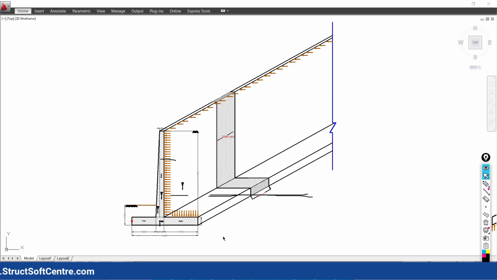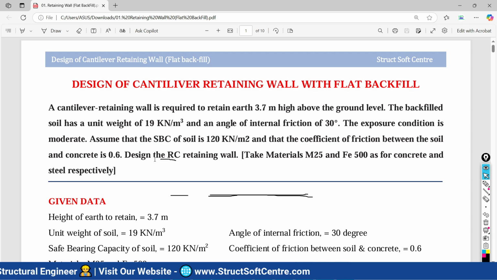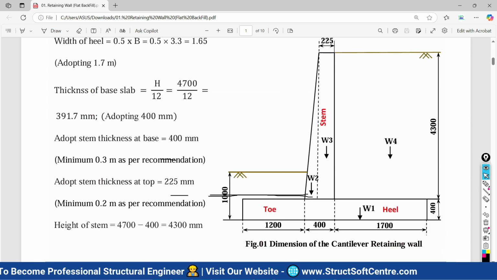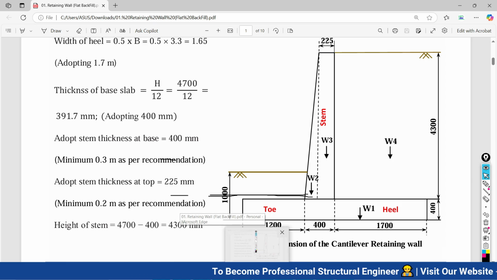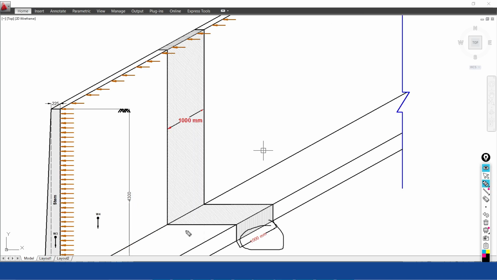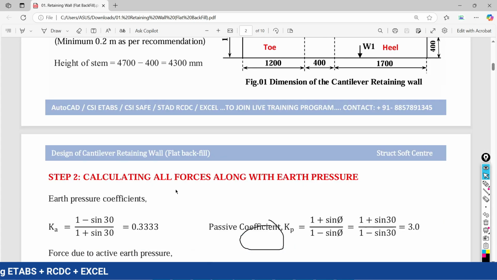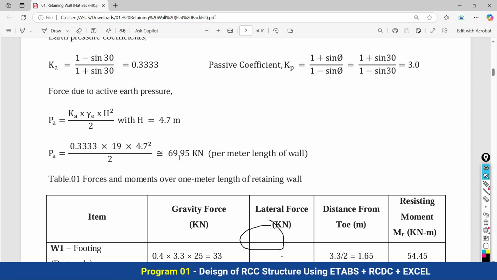Even in your problem statement the length of the retaining wall is not given. So I am going to consider the length of the retaining wall to be very much larger. That's why we do the calculation for a 1 meter span, or 1 meter width, of the retaining wall. So the force calculation has been done over the 1 meter length of the wall, and the total active force is 69.95 kilonewton.